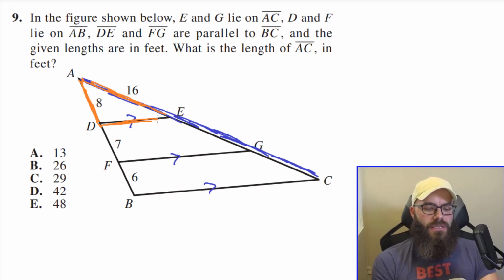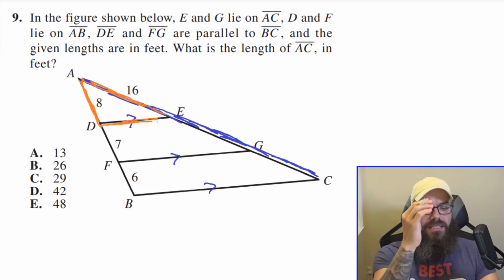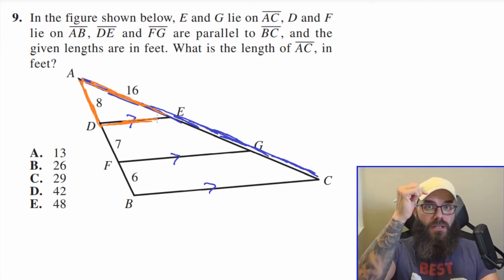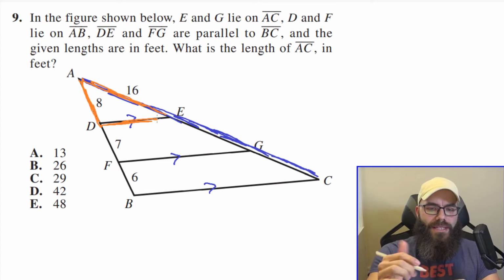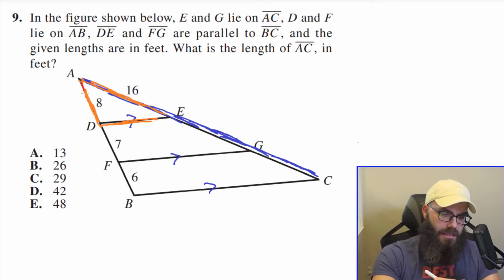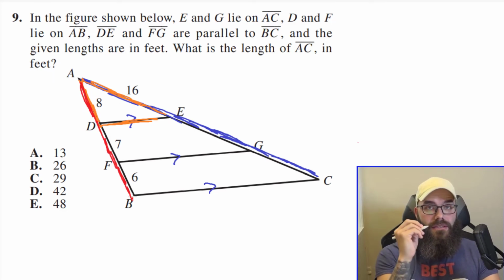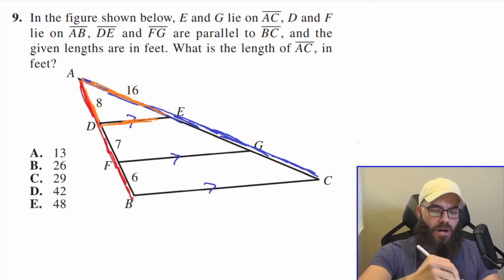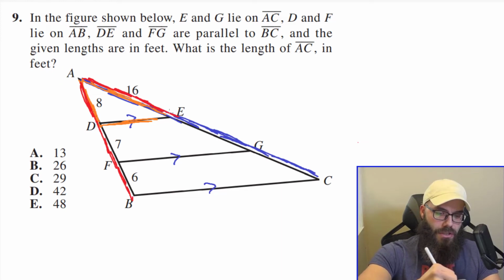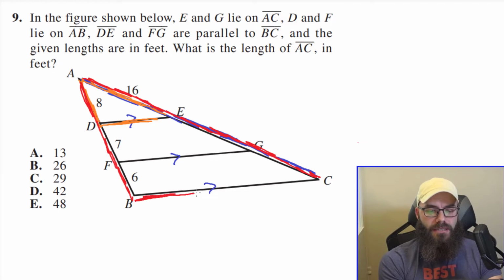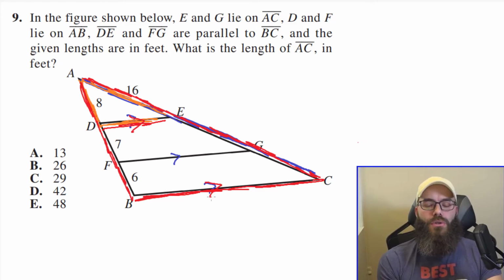Now, if you visualize the segment from A to D stretching all the way to B, such as this, and then the segment AE stretching all the way to C, such as this, and BC is parallel to DE, right? Remember, that was very important. You could say you have similar triangles.